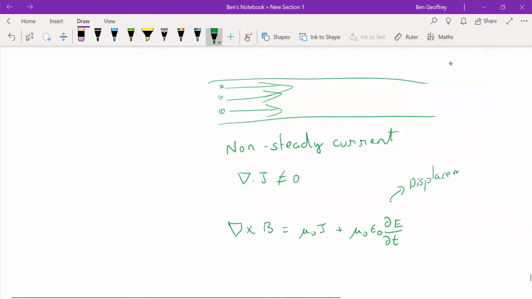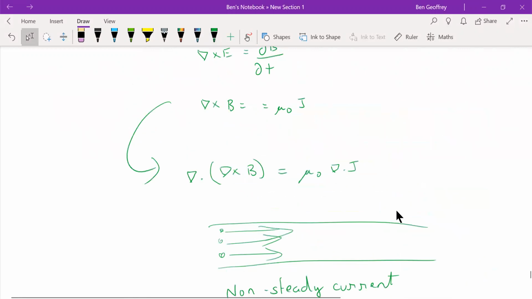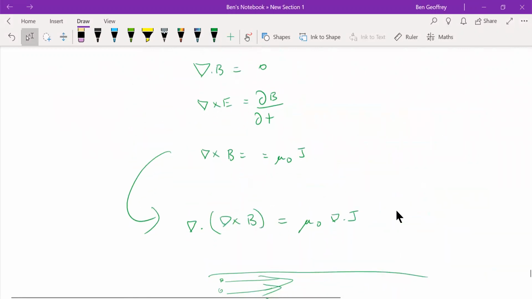Now any book on electrodynamics will give you the derivation for this. It is pretty simple why he introduced this term, but it is enough to know that this is the term he introduced and why he did so. So this final equation now gets modified into this, with mu naught epsilon naught dE by dt.